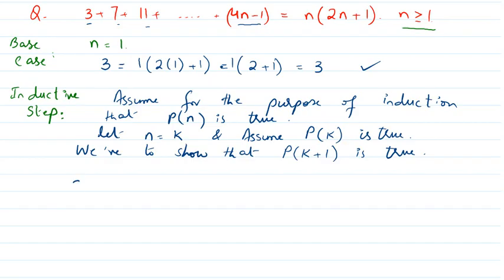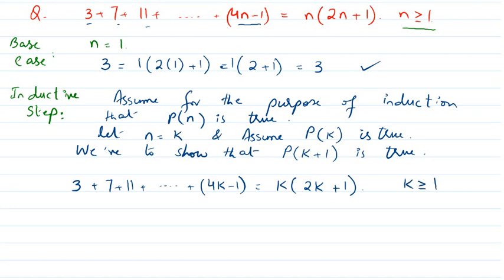What series I'm going to get here is 3 plus 7 plus 11, so on up to 4k minus 1. On the right hand side, I'm going to have k times 2k plus 1. ठीक, और definitely मैं यहाँ पे ये भी लिख सकती हूँ कि k greater than or equals to 1. Now putting n equals k plus 1, जिस तरह से पहले हम क्या कर रहे थे, n को कैसे रिप्लेस कर रहे थे, n plus 1 से.